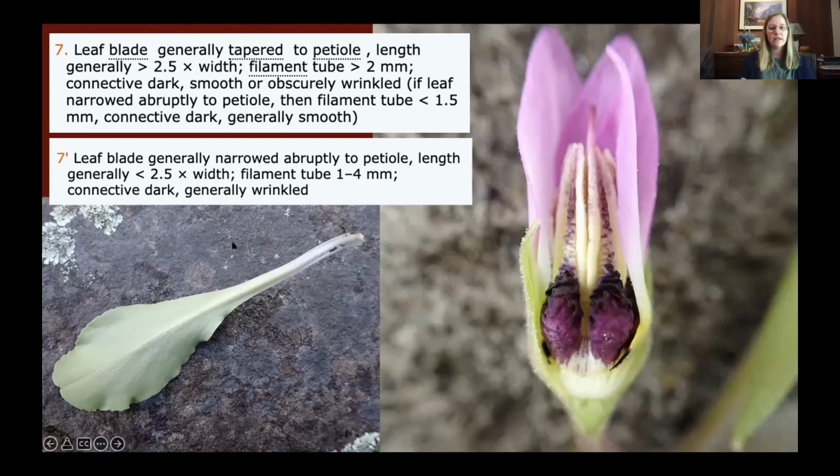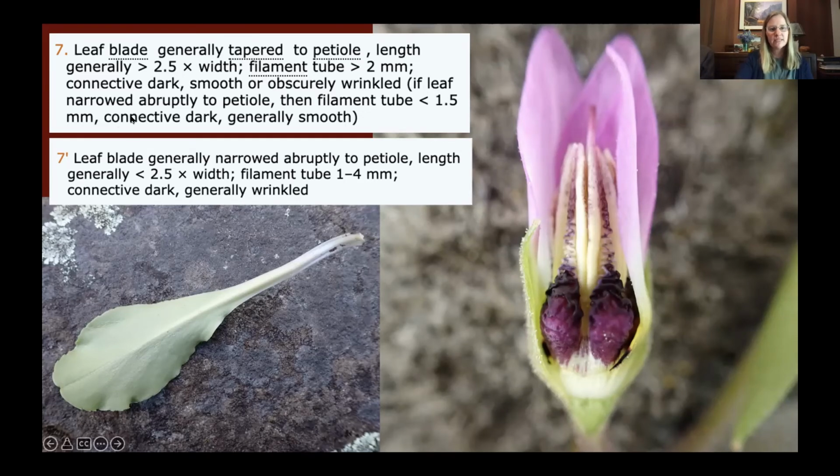One of the things that is often really helpful is that floral morphology tends to be more stable than vegetative morphology. Vegetative morphology can be highly variable depending on light conditions, water, and nutrients in the soil. But some of these floral traits just tend to be more stable in general.